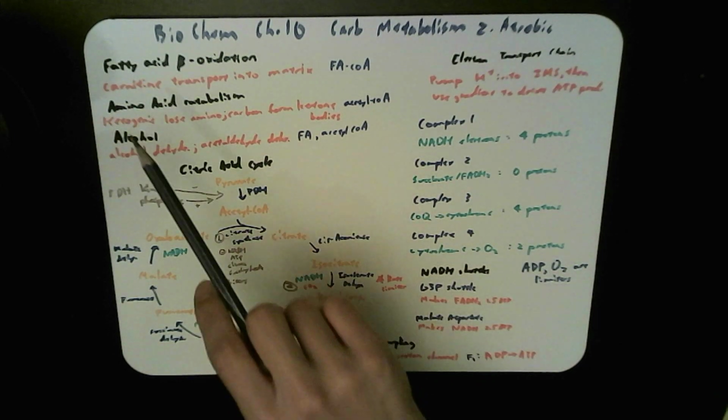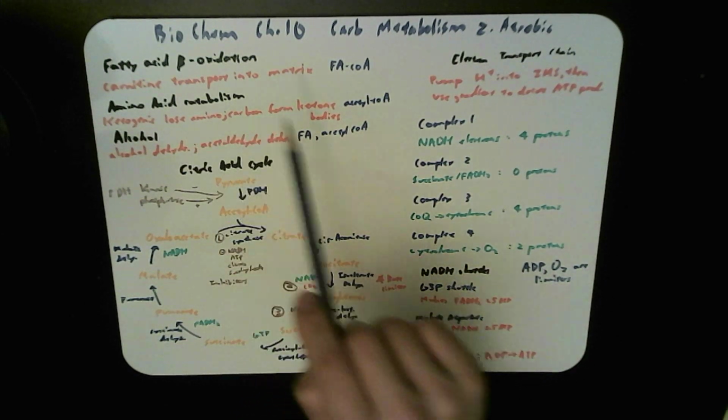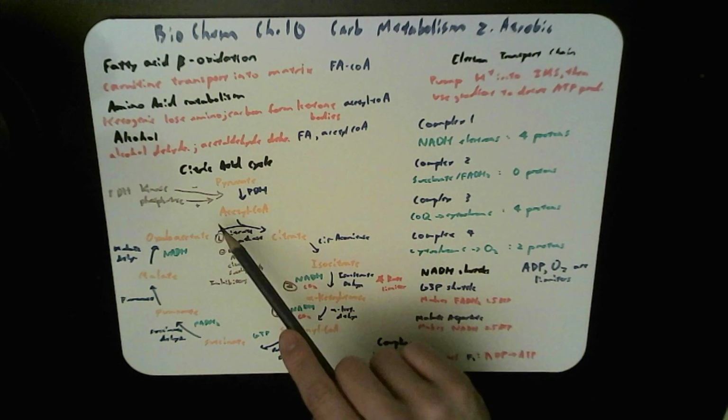Amino acids are usually termed ketogenic, which is not glucogenic. Well, there are some that share both, but ketogenic amino acids specifically lose their amino part and their carbon part forms the ketone bodies. So they also feed into the acetyl-CoA over here.